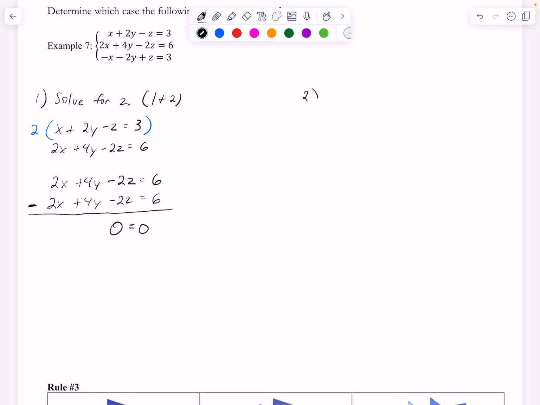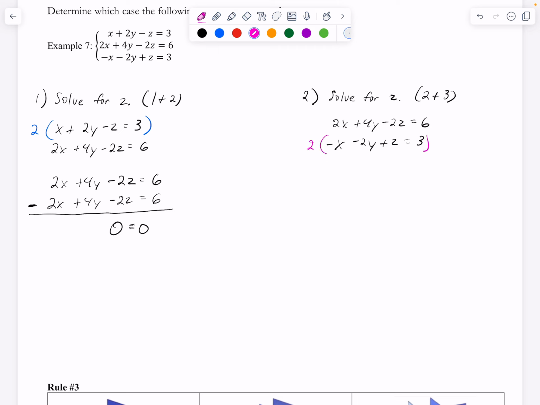Let's see what happens when I do the next one. All right, so I'm going to solve for z, and this is going to be equations 2 and 3. So 2x plus 4y minus 2z equals 6. Copy down the third one. Just like before, I'm going to multiply one of these by 2.